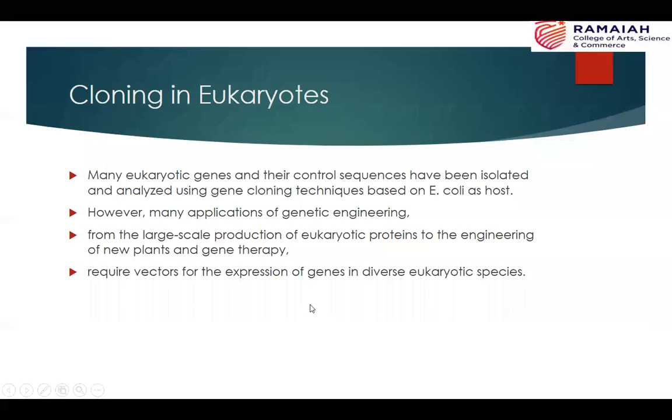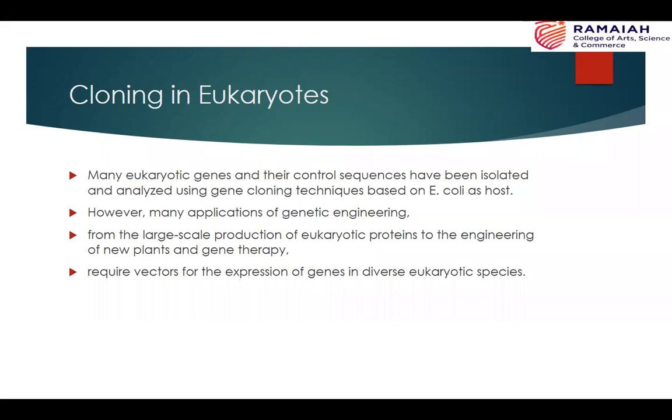Before going to the properties of these eukaryotic vectors, when you talk about cloning in eukaryotes, as I mentioned, many eukaryotic genes and their control sequences had been isolated and analyzed using cloning techniques based on E. coli as host organism.